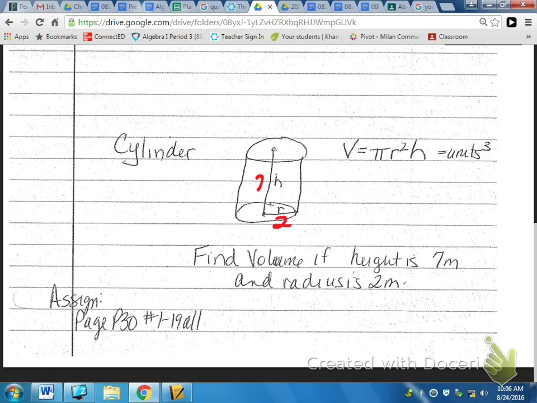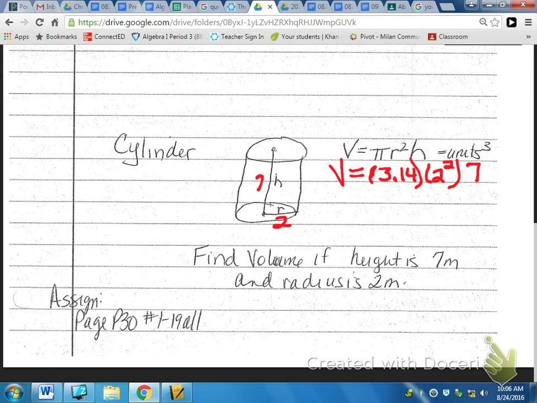I would definitely begin by writing the formula V equals pi r squared h and start plugging in what you know. For pi, we're definitely going to use 3.14. For r, you plug in the 2, and remember that's squared. And the h is 7.